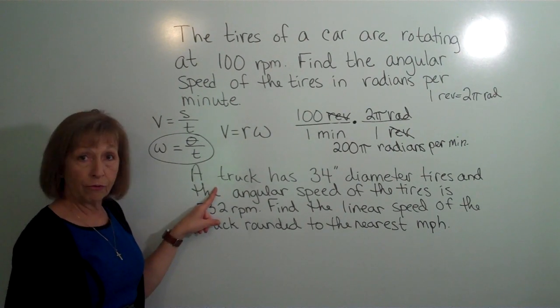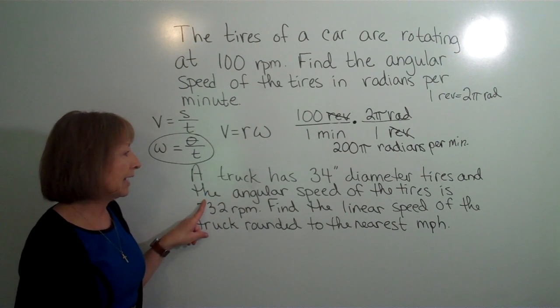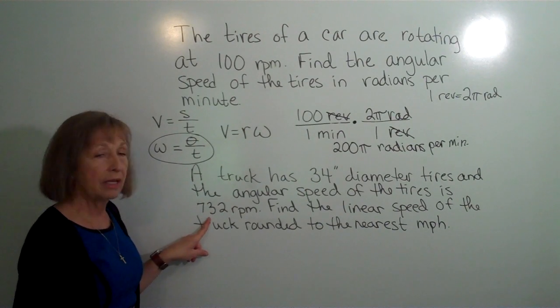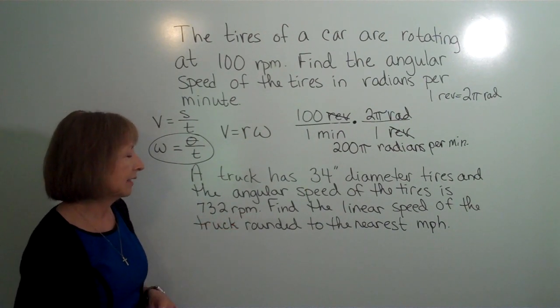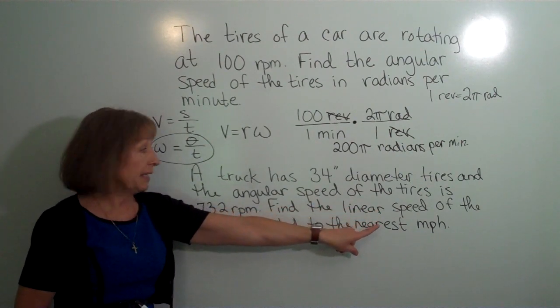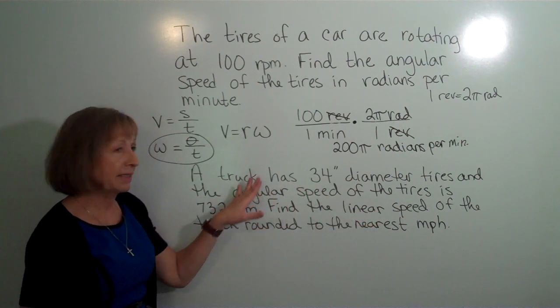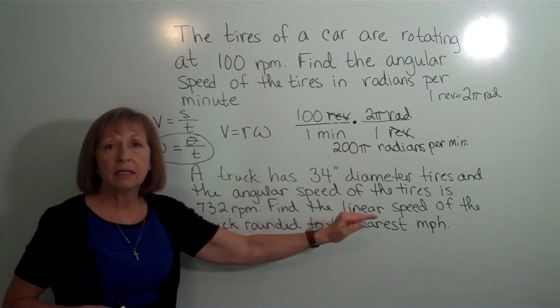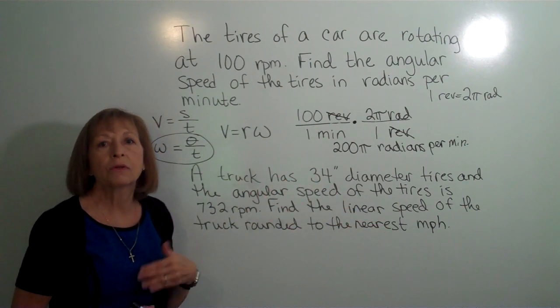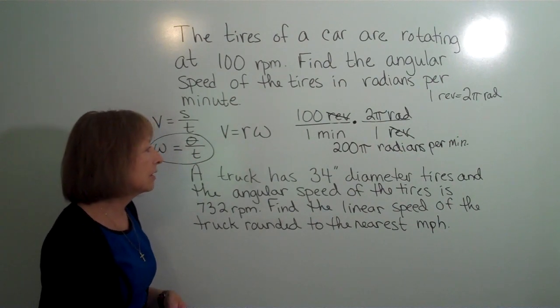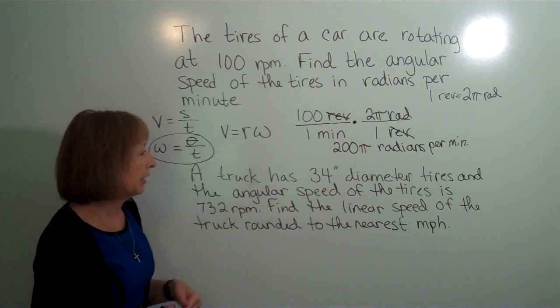A truck has 34-inch diameter tires, and the angular speed of the tires is 732 RPM, revolutions per minute. Find the linear speed. So in this problem, angular speed is given to me, linear speed is asked of me. I have something about where I can get the radius of the circle of the tires.